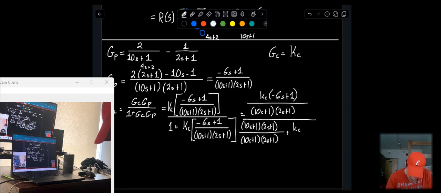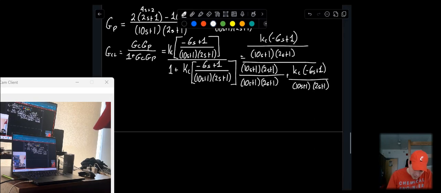And then same things on top, GC, GP right here. Let's combine fractions.